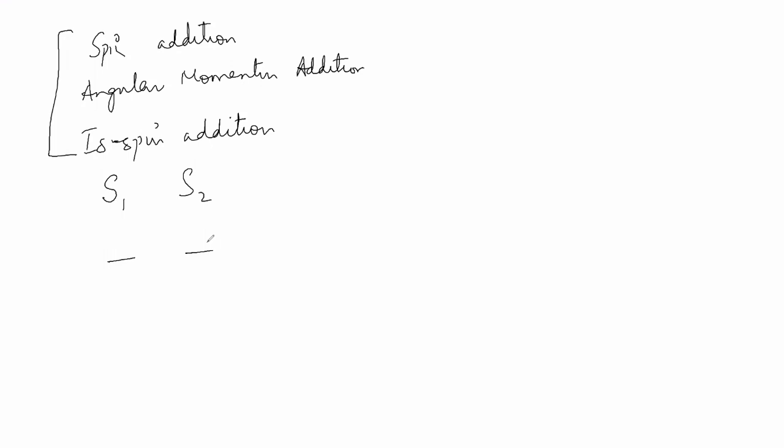Therefore, if I have told you that I am giving you two spin half particles, what will be the total spin of the system? Then you will say that, sir, the system will be from S1 minus S2 to S1 plus S2, and that will be for sure 0 and 1.